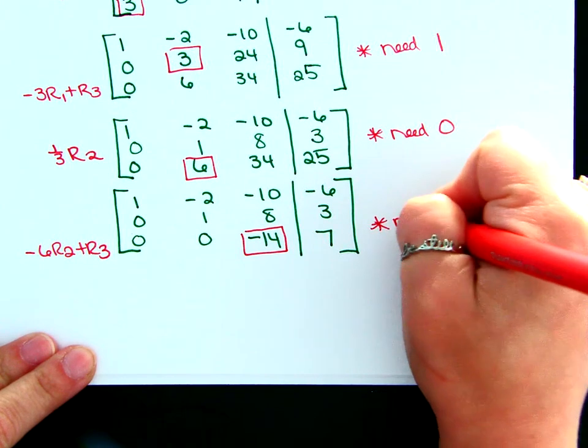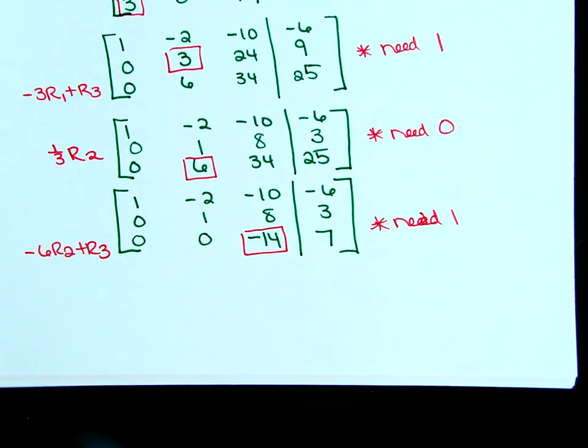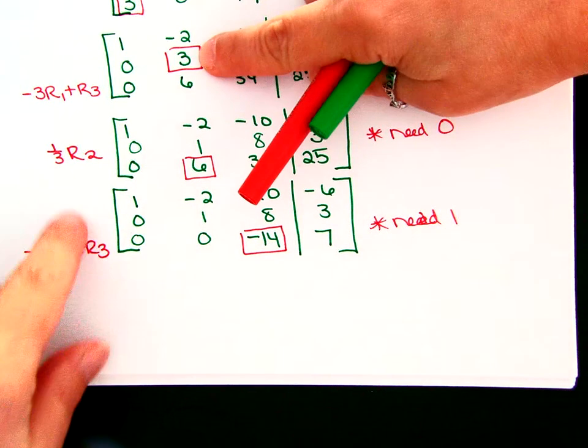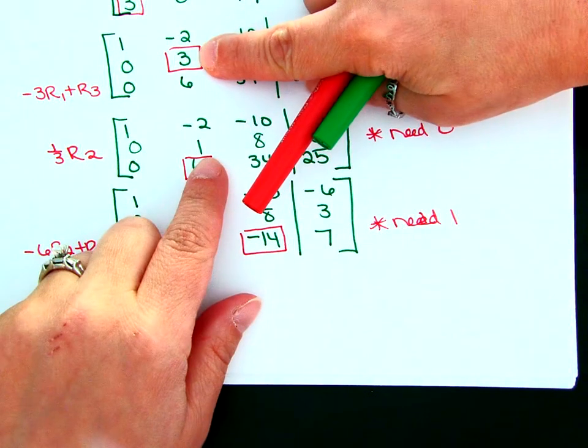And if we need a 1, that's when we use operation number 2. So what am I going to do? Thinking about how I got this one to turn into a 1, what am I going to do to the negative 14 to turn it into a 1?